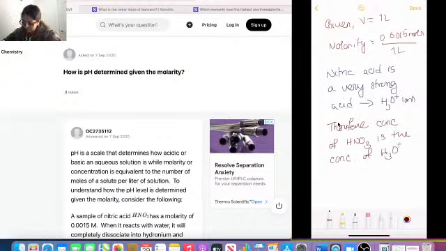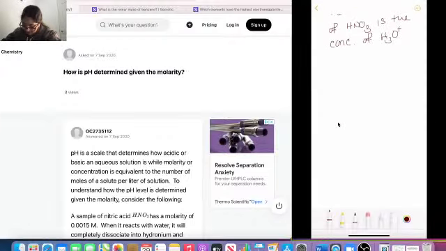Once you know the concentration of your hydronium ions, the pH of the solution may be calculated with the formula. So you can calculate the pH now.